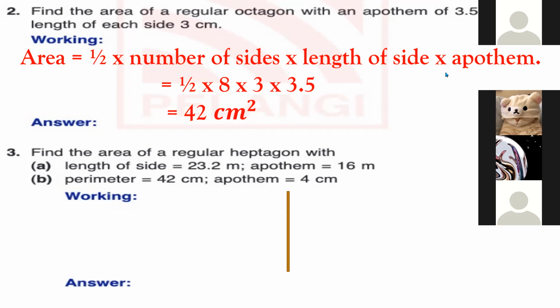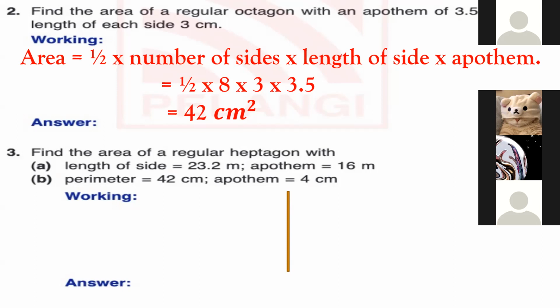First, read the question, please. Find the area of a regular heptagon with length of side equal to 23.2 m. The apothem is equal to 16 meters.